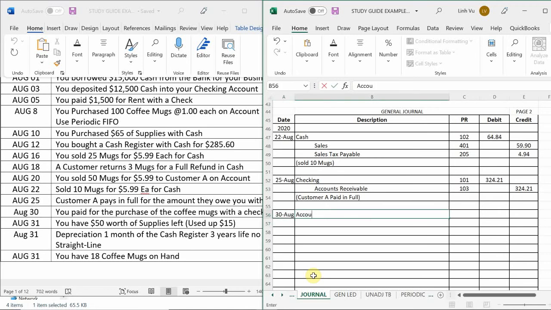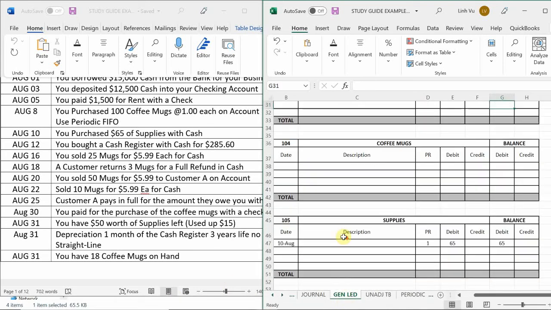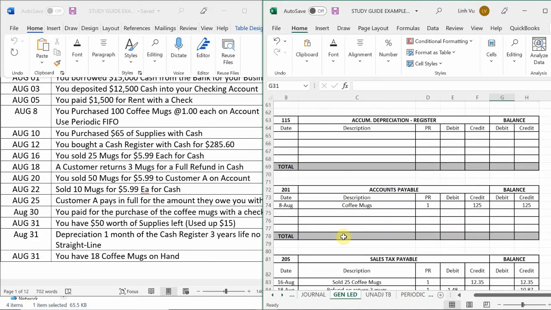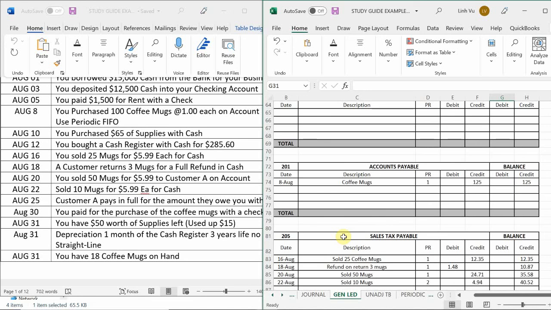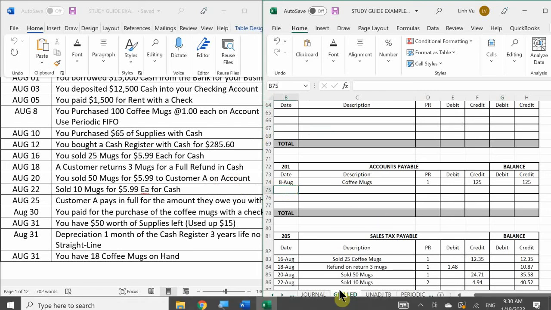So again, you're going to reduce the amount that you owe, and you're going to reduce your checking account because you paid for it. For how much? How much were your coffee mugs? $125.